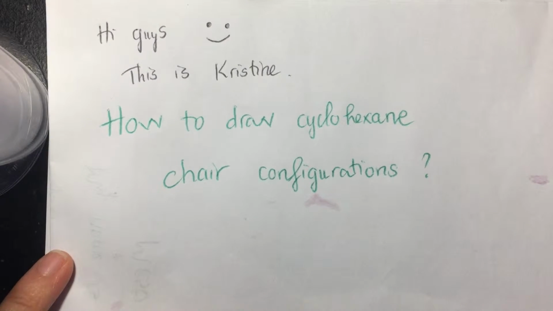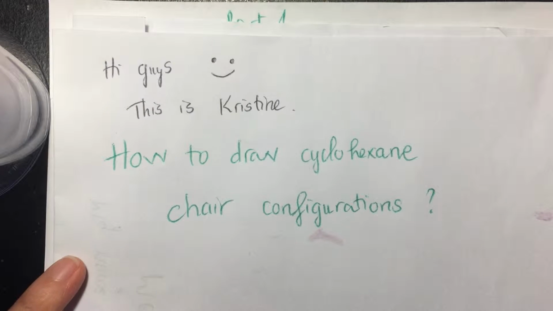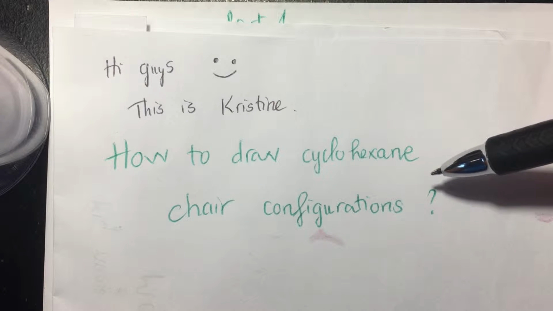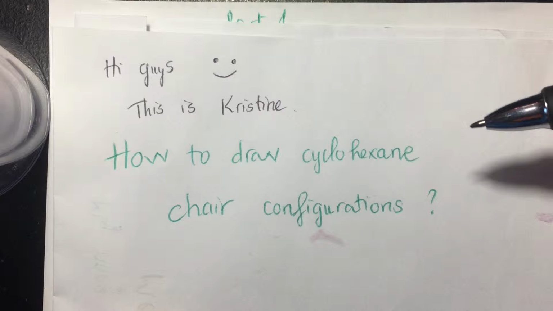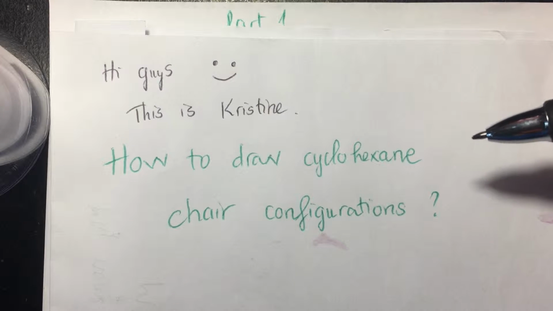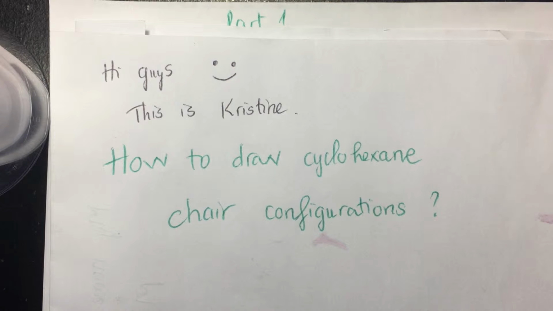So in order to draw the chair configuration of cyclohexane, there are many ways to draw it, but if you get stuck to one way, I would recommend you practice a lot and stick with that way. Drawing a cyclohexane takes a lot of practice. It looks easy, but you gotta practice a lot, and I would recommend you draw at least 20 or 30 of them, just repeating until it's embedded in your mind and you instantly know how to draw it.